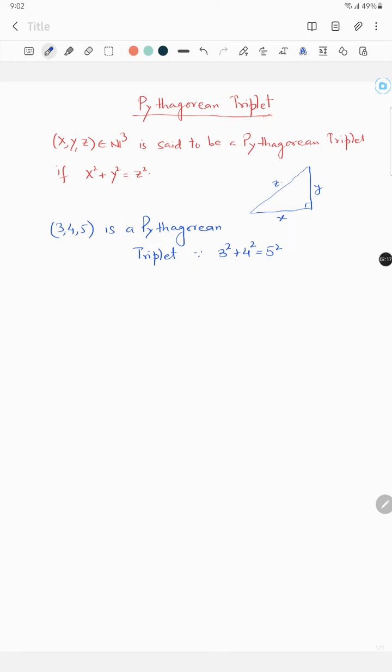Similarly, if you take 5, 12, 13, it's also a Pythagorean triplet, as 5 square plus 12 square is equal to 25 plus 144, this is 169, and this is 13 square.